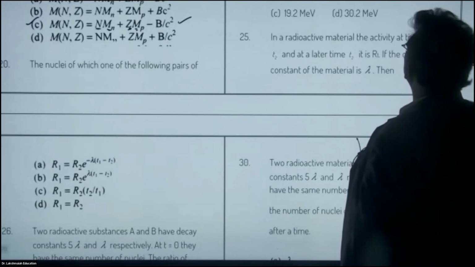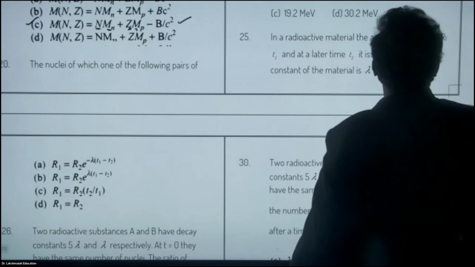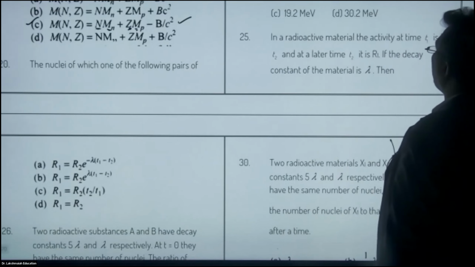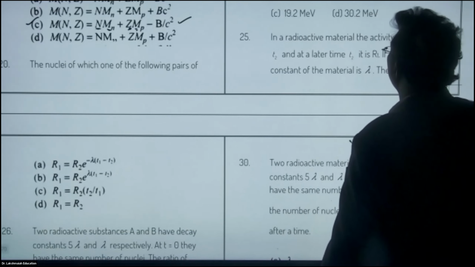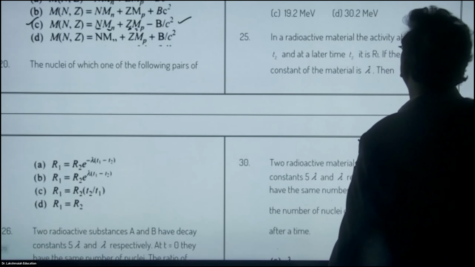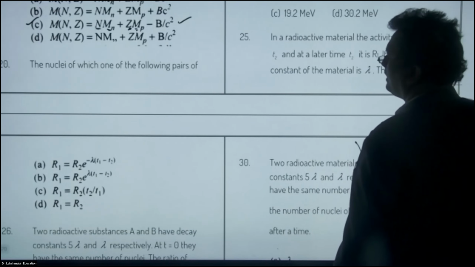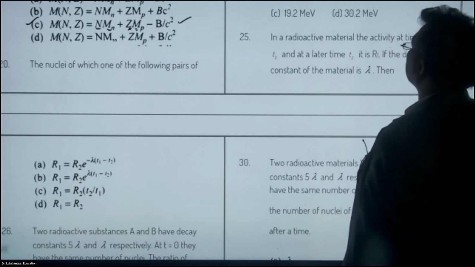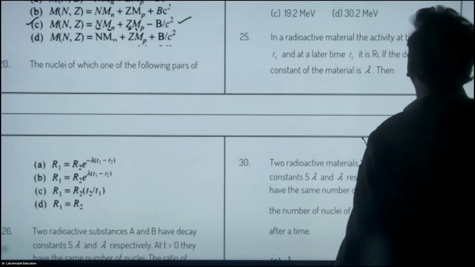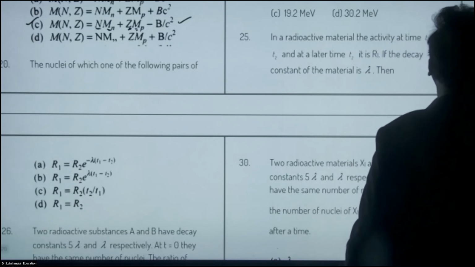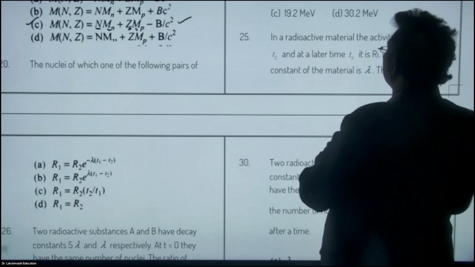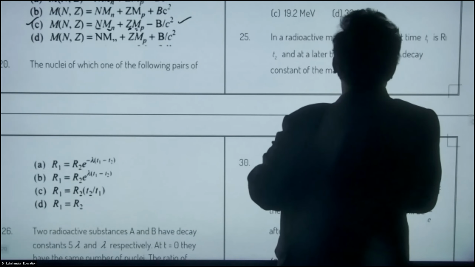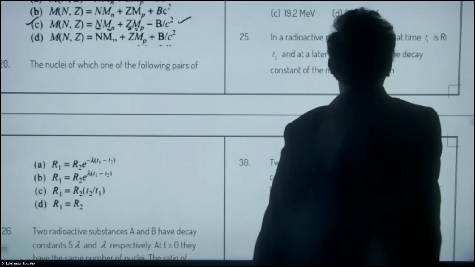Question number 25. In a radioactive material, the activity at a time T1 is R1 and at a later time T2 it is R2.